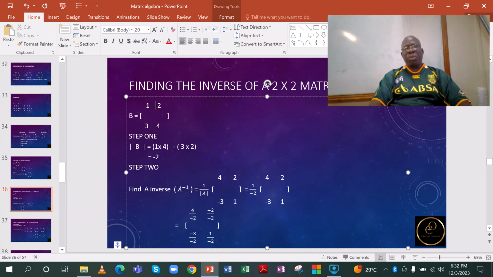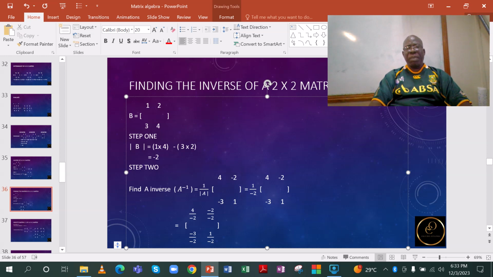So when you multiply this inverse of the determinant, it becomes more like a scalar quantity. A scalar quantity multiplied by a matrix, you multiply each element by the scalar. So the first element will be 1 over the determinant, which we calculated as negative 2, so it will be 4 divided by negative 2.